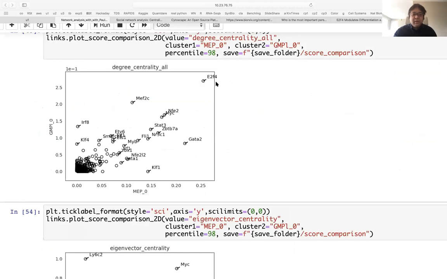For example, the score of E2F4 is really high in both clusters. Maybe it means that this factor is important for both.